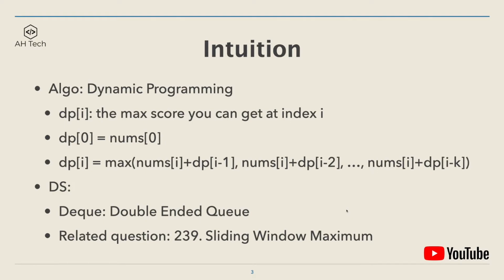We will pop elements from the left to make sure that all elements in the deque stay within the sliding window. And we will pop elements from the right to keep track of the potential maximum in the sliding window. And this technique is the same as solving question 239, sliding window maximum. So make sure that you check out this question as well. Now let's look at the code.